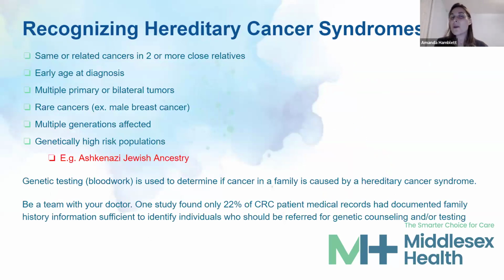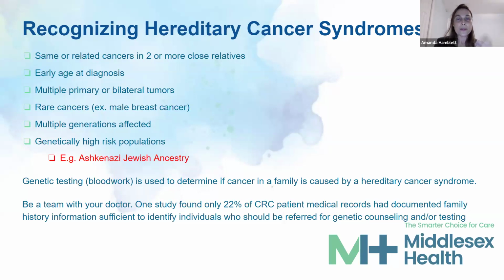So, how do we recognize hereditary cancer syndromes in families? Well, we actually use the family history to give us clues about whether colorectal cancer in a family is multifactorial or hereditary.